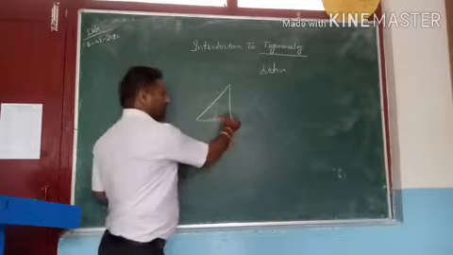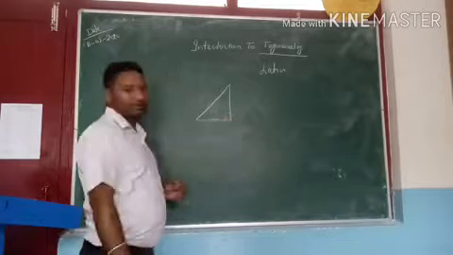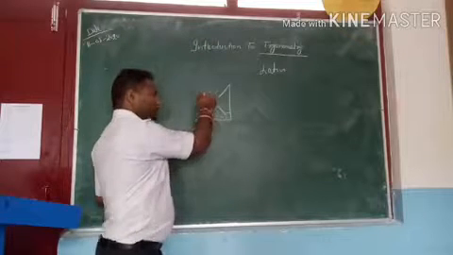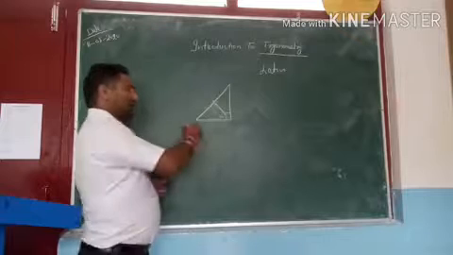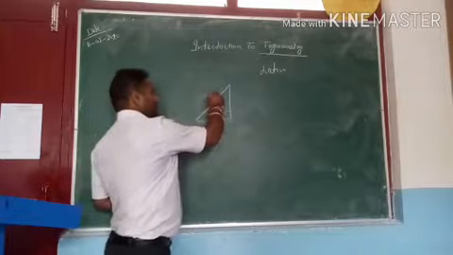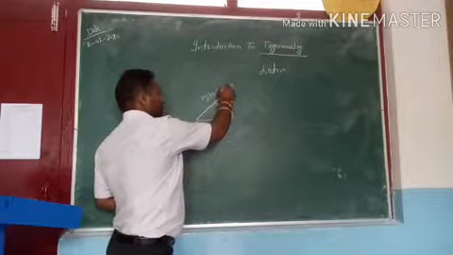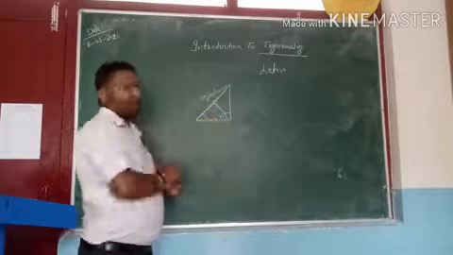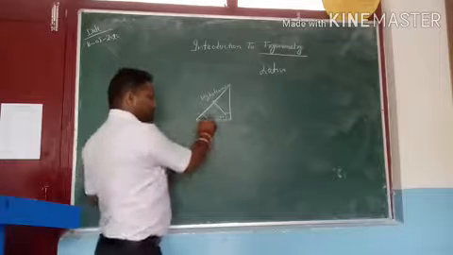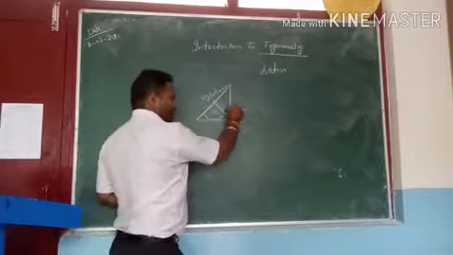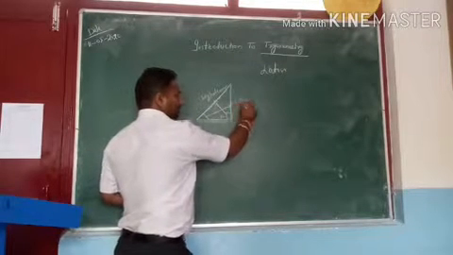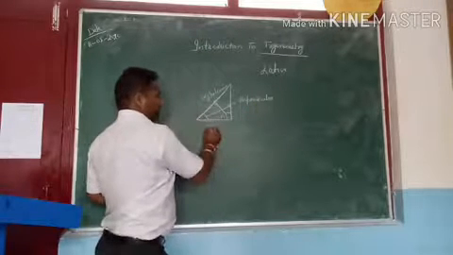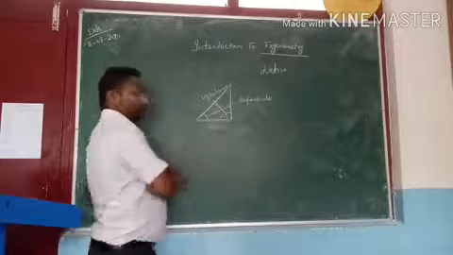To clear this, first, this is the 90-degree angle. The side opposite to the 90 degree is always known as the hypotenuse. Then, whichever angle we have to find, the side opposite to that is always the perpendicular, and then obviously this is the base.